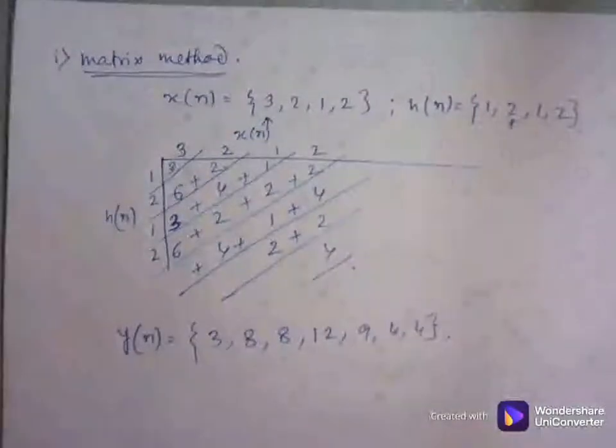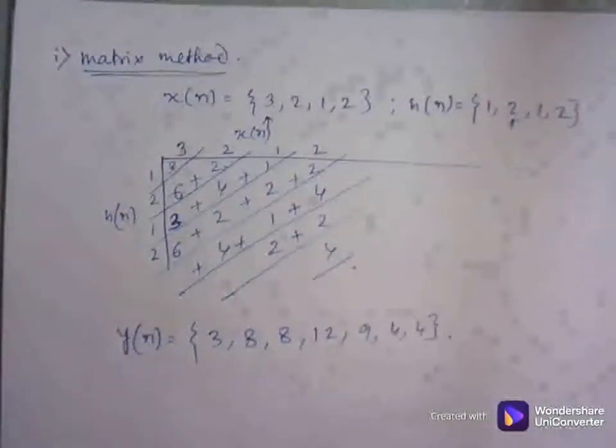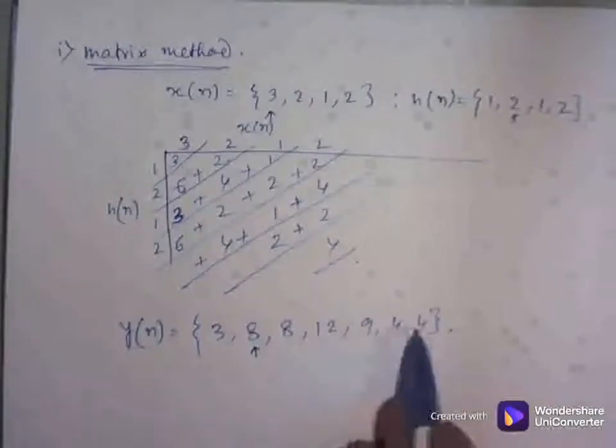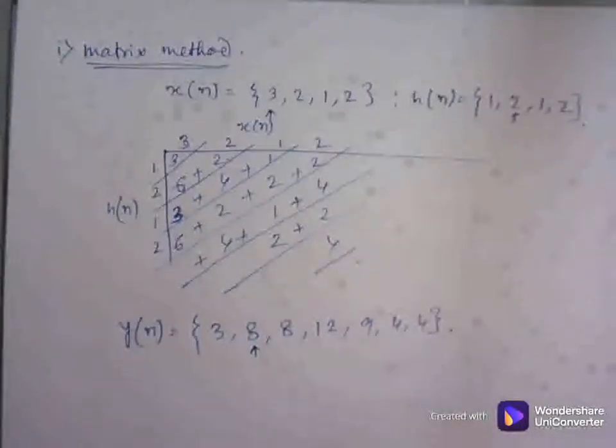And the calculation of starting position and ending position will be the same as in your previous step. That is, the starting position is minus 1 and it goes up to 1, 2, 3, 4, 5. So this is the matrix method, but it is better not to use this method in the examination.